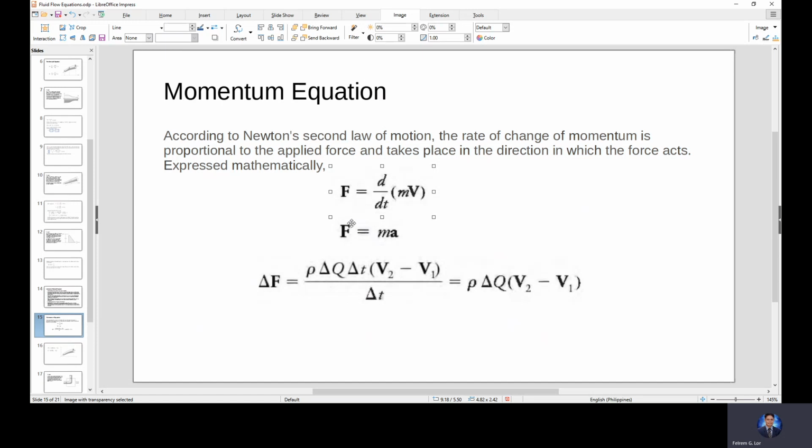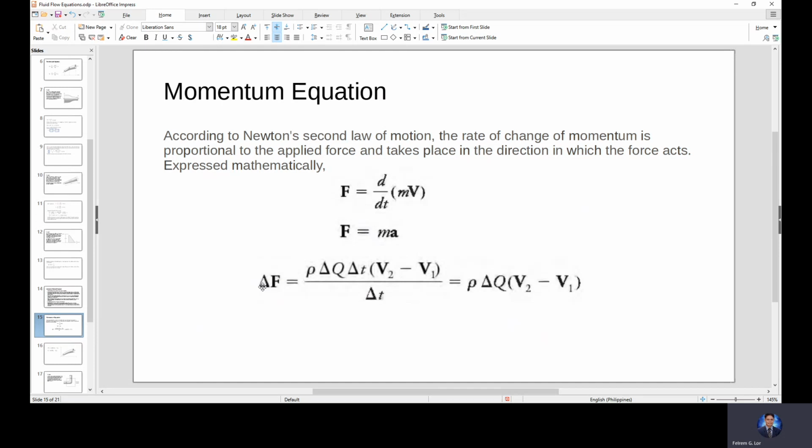We can apply this equation to a flowing liquid. So delta force is equal to rho, the density. If we assume that the fluid is incompressible, the density throughout the flow is the same. In most applications we can just assume it as incompressible, so rho is just constant.